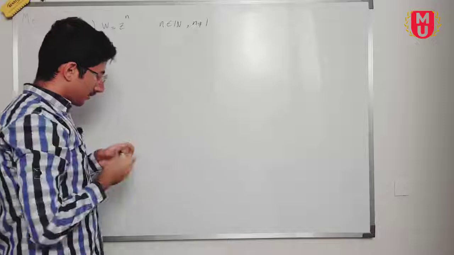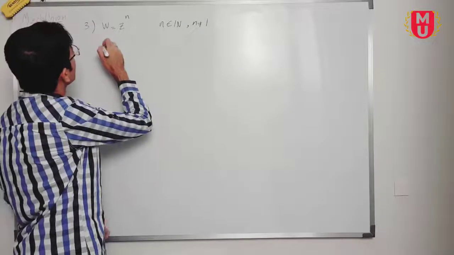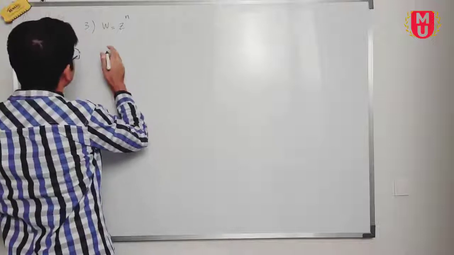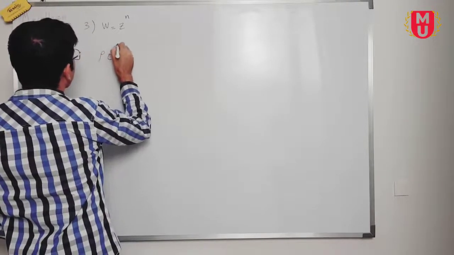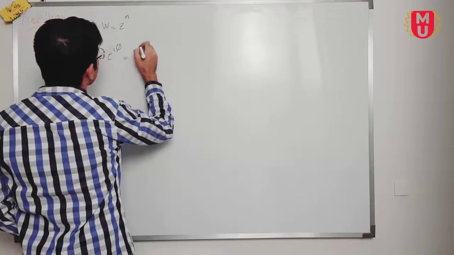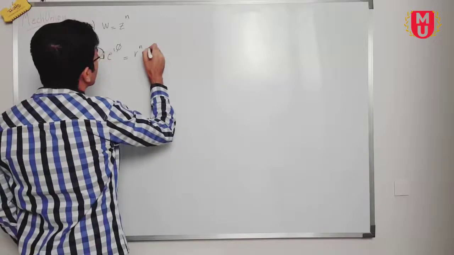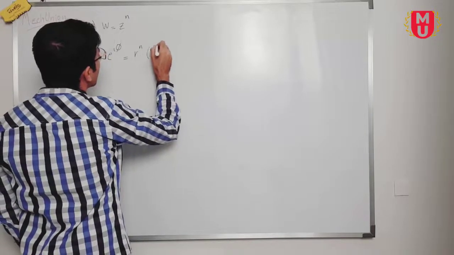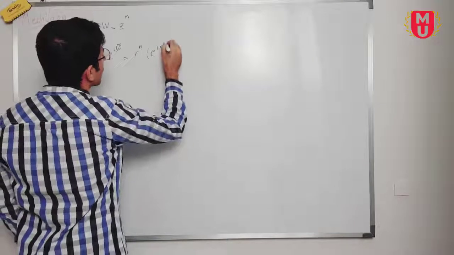Everything that is exponentiated, we write down in Euler form. If we write this down in Euler form, we will have rho e to the i phi equals r to the n and e to the i n theta.